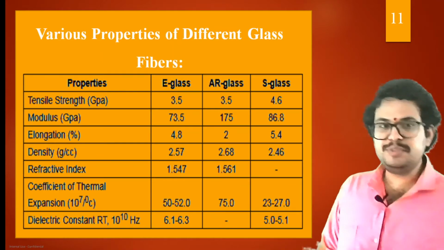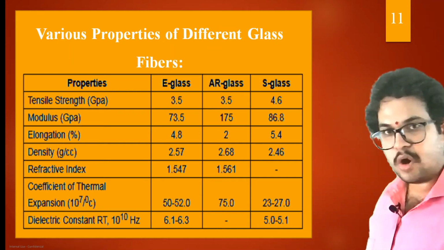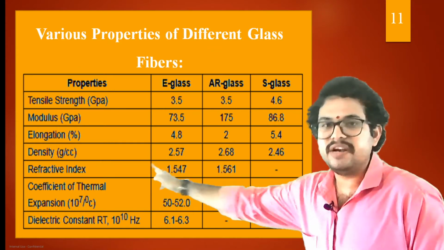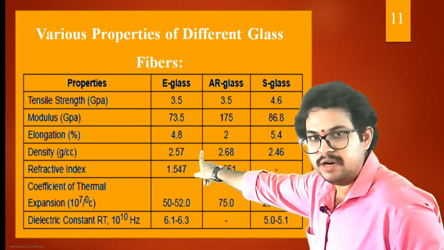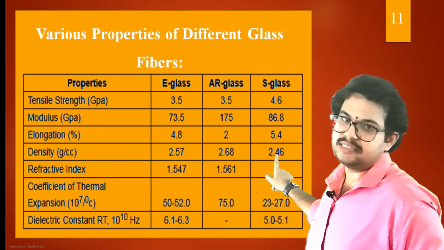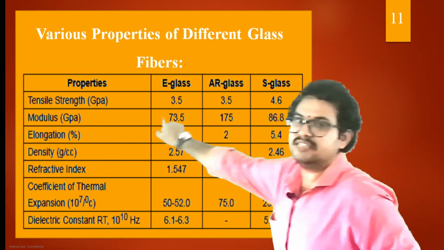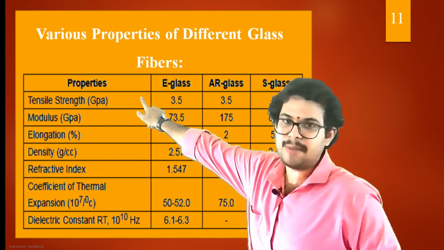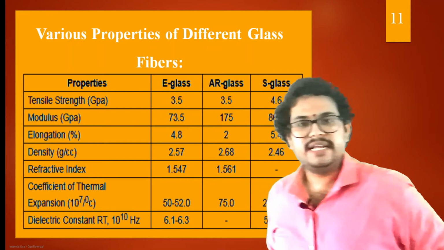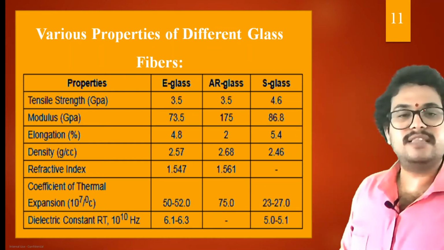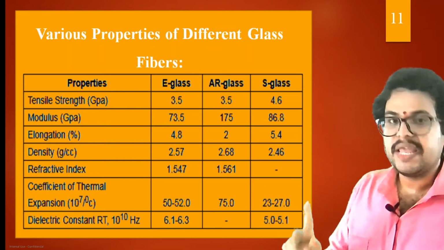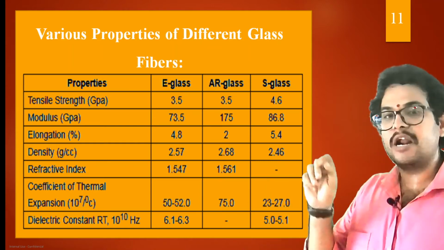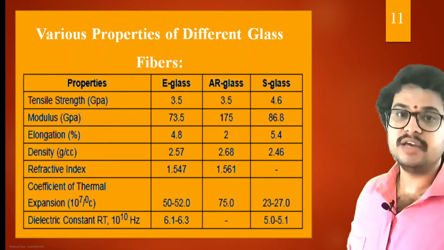Here, observe carefully, pay much attention here, because we are comparing different types of properties between 3 different categories of glasses: E glass fiber, AR glass fiber, and S glass fiber. The first among these is tensile strength. What is tensile strength measured in? Tensile strength is always measured in gigapascals, GPa, right? Observe carefully that the tensile strength of E glass and AR glass, electrical type glass and alkali resistant type glass, are approximately the same, 3.5 gigapascals.